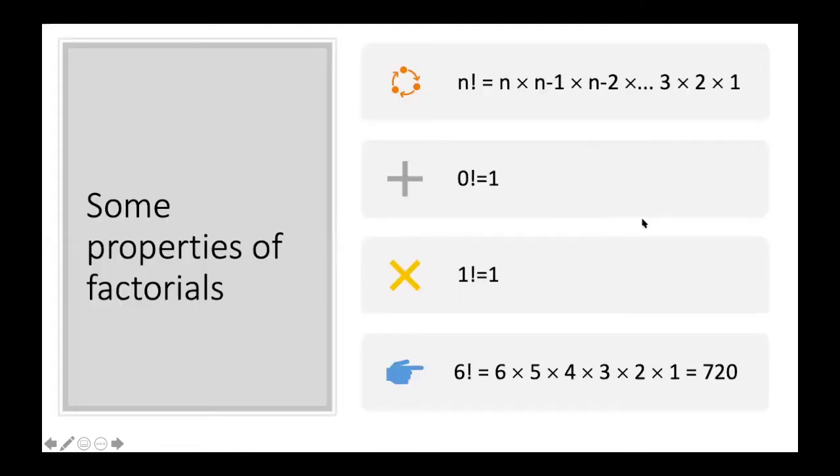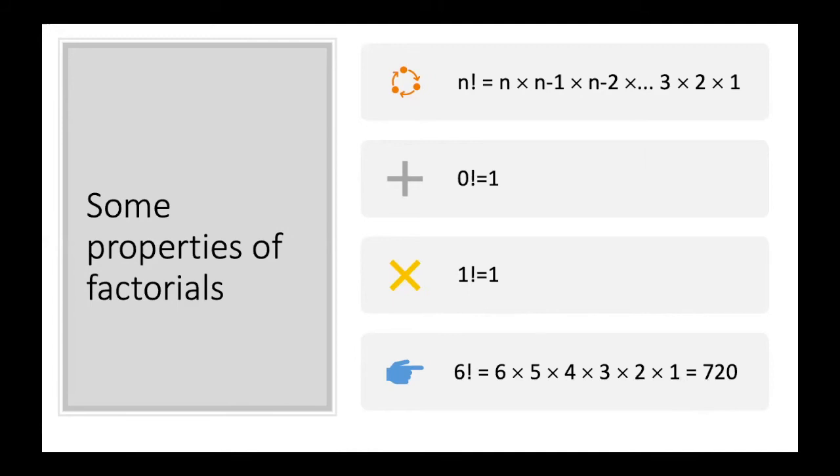Well, N factorial means to multiply N by N minus 1, by N minus 2, by N minus 3, and so on, until we get down to 3, 2, 1. As an example, 6 factorial is equal to 6 times 5 times 4 times 3 times 2 times 1, which is equal to 720.